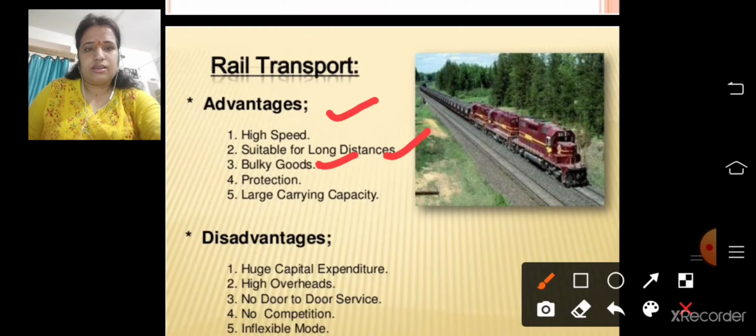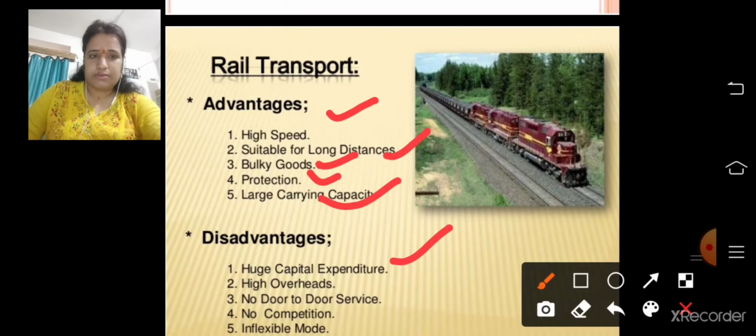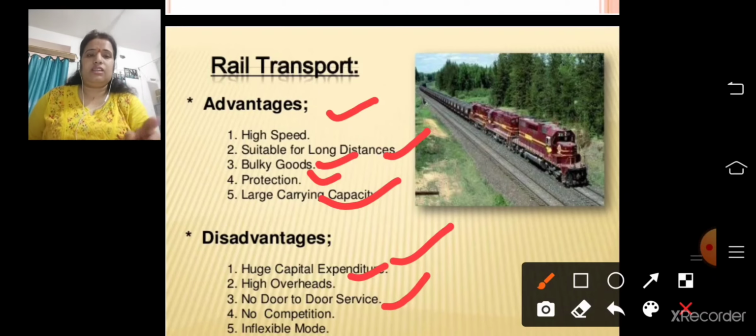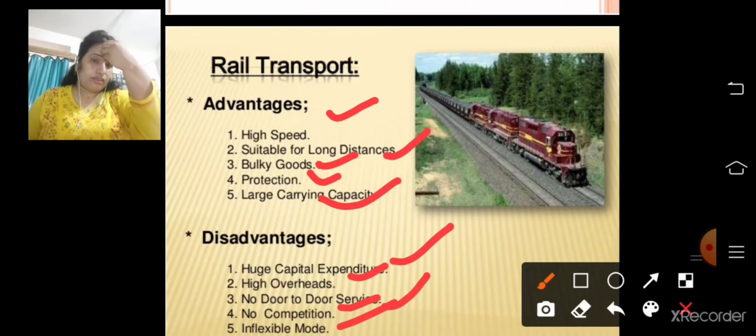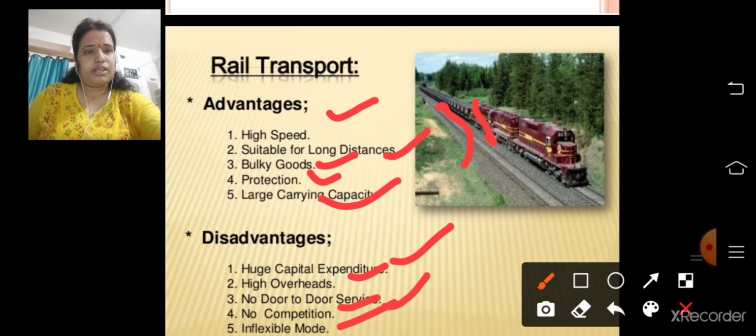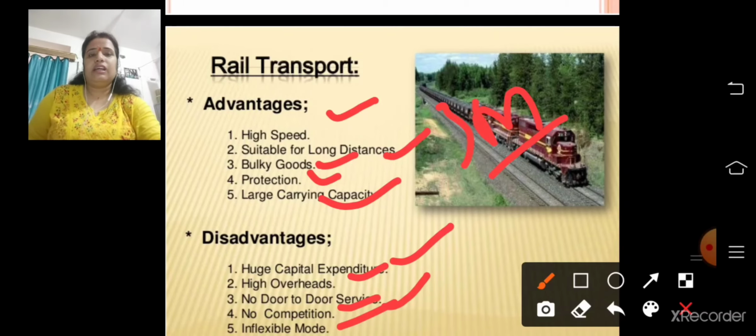Bulky goods, protection, large carrying capacity. The disadvantages: high capital expenditure, high overheads, no door-to-door services. But road transport provides door-to-door services. No competition, inflexible mode. Again, this is a 3-mark important question: write the advantages and disadvantages of rail transport.